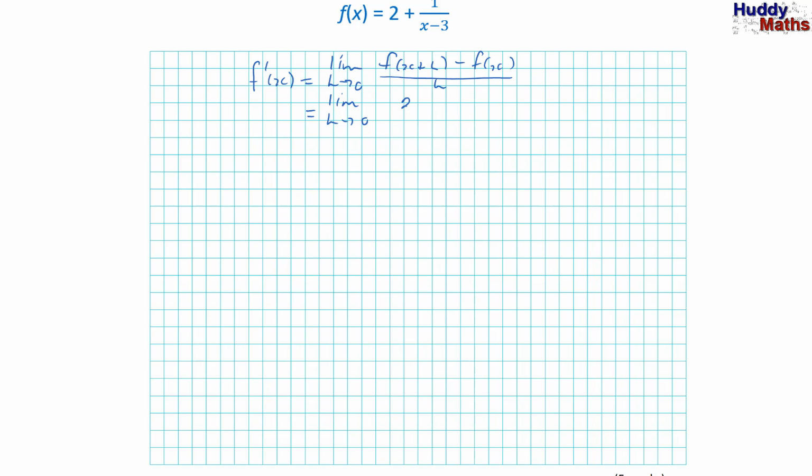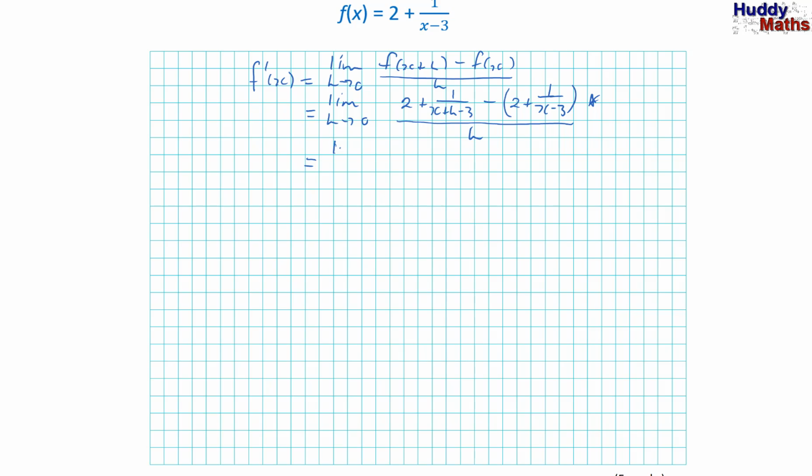So it's 2 plus 1 over x plus h take 3, take bracket now, 2 plus 1 over x take 3. So you can see why we're needing a bracket here, can't you? When there are 2 terms in the function expression and we've got to subtract both of them.